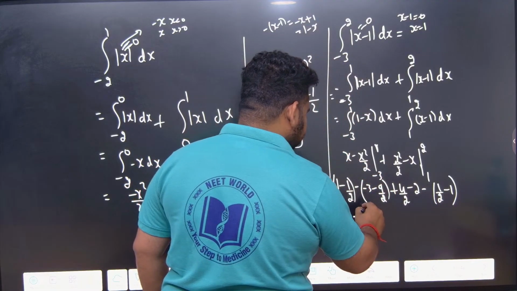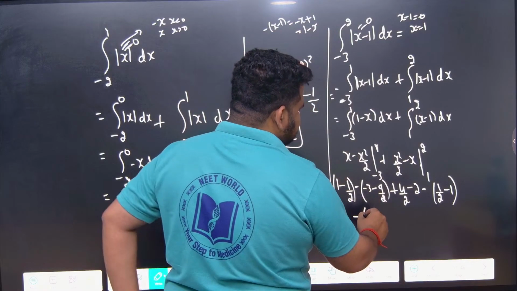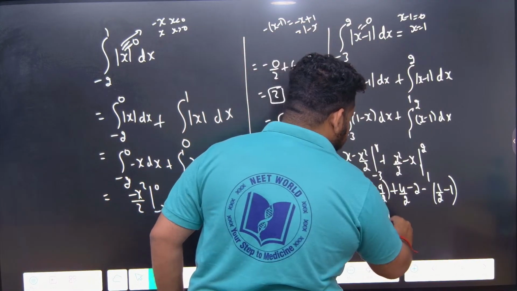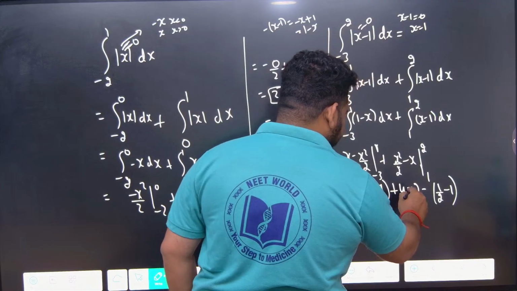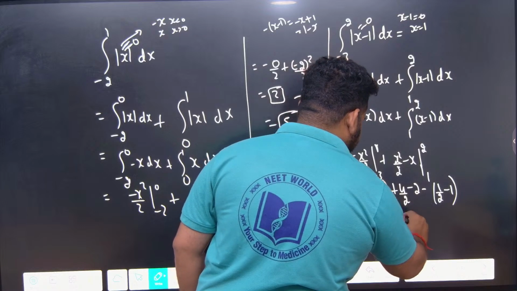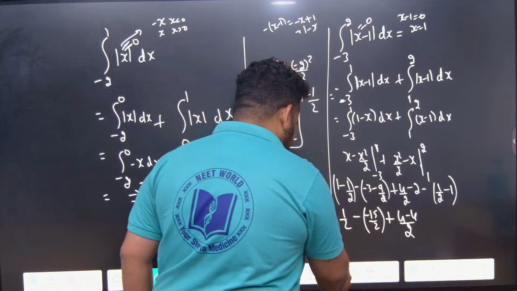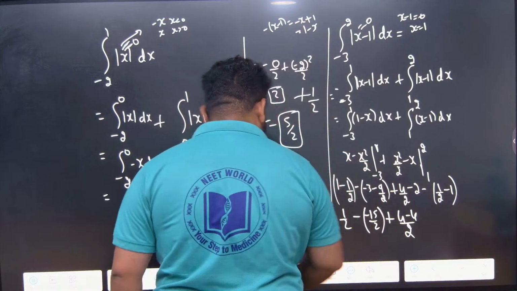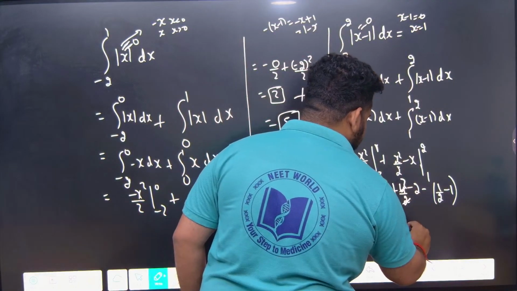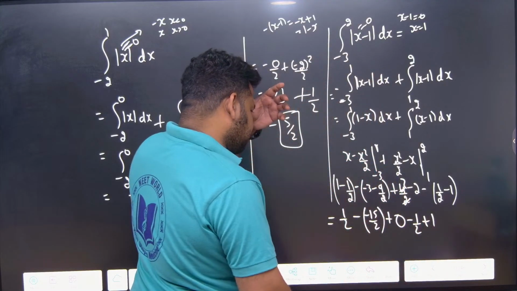Minus 3 minus, let this minus be outside. 2 3s are 6, so 6 minus 9 will become minus 15 by 2. Then 2 2s are 4, so 4 by 2 minus 2, or I can write 2 by 2 minus 2, which will definitely become 0. Directly I can write it, why should I take the LCM? Minus 1 by 2 plus 1. So what is this?